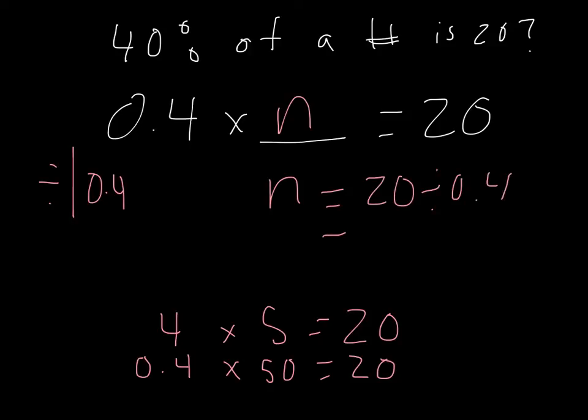You can smash that into your calculator, or if you're good with fractions, remember that 0.4 is 4 out of 10. 20 divided by 4 out of 10 is the same as 20 times 10 over 4. 20 times 10 is 200, divided by 4 is 50. Either way, you get 50.